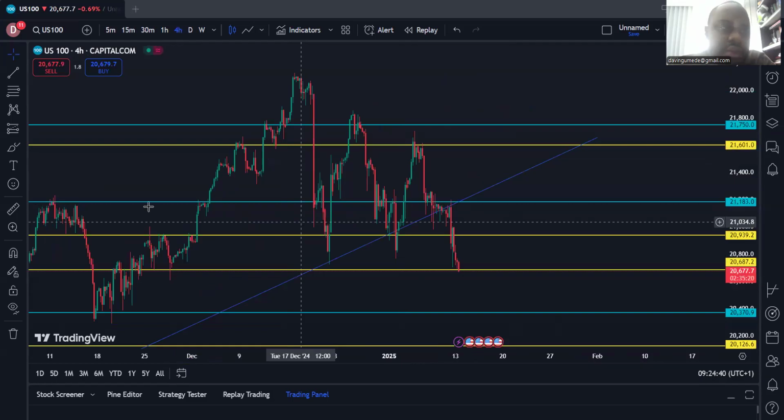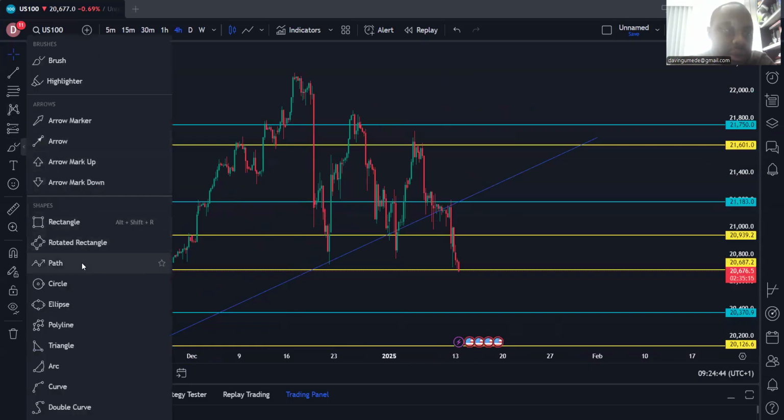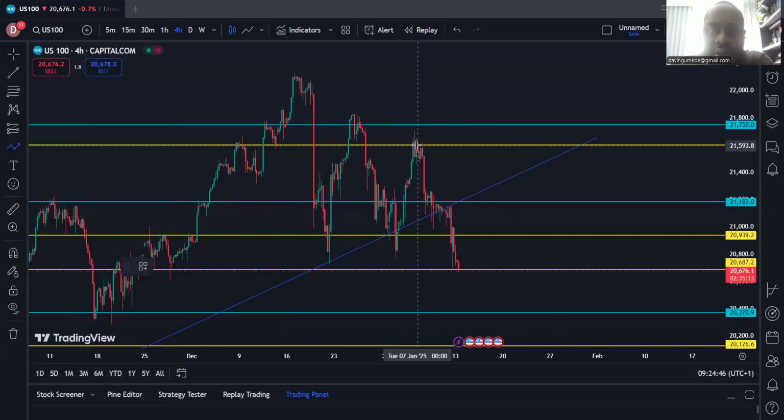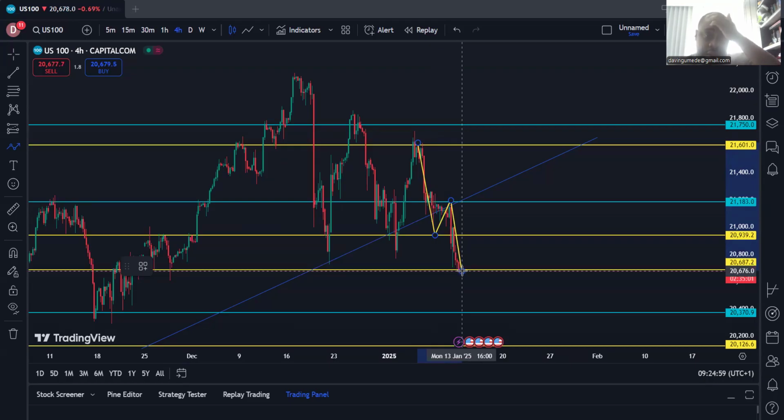So as you can see, if we just pull out the pathway, price came, tested this zone, came, tested this area, came, tested. So what we could possibly be seeing is also now a downtrending movement.